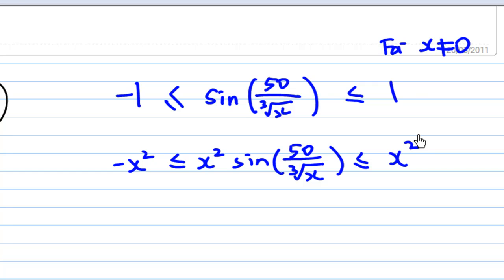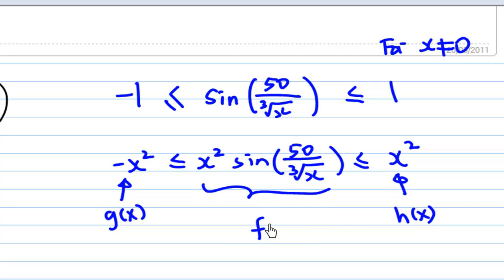Now, this is what I mean by the functions: g of x equal to minus x squared, h of x equal to x squared, and the function f of x is x squared times sine 50 over cube root of x.